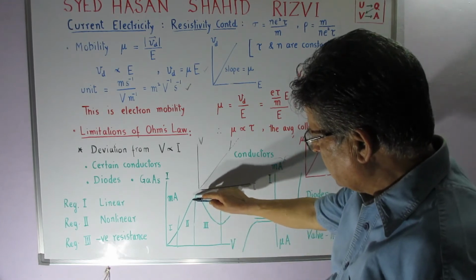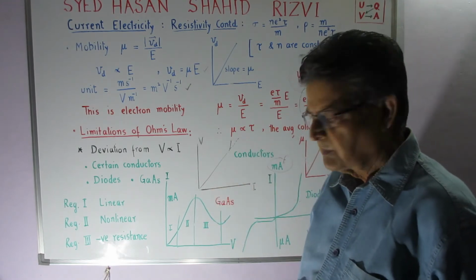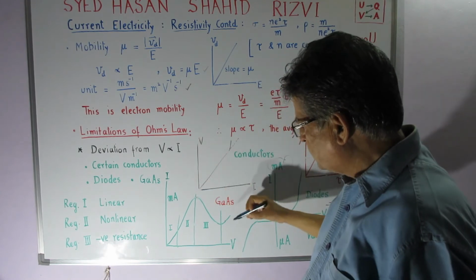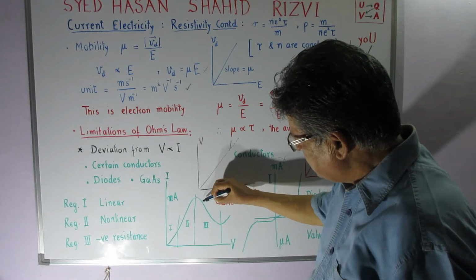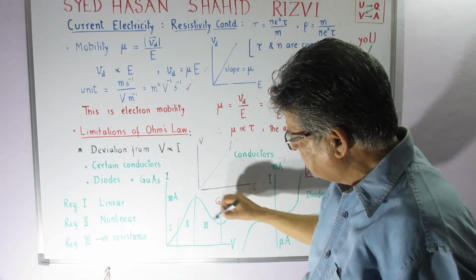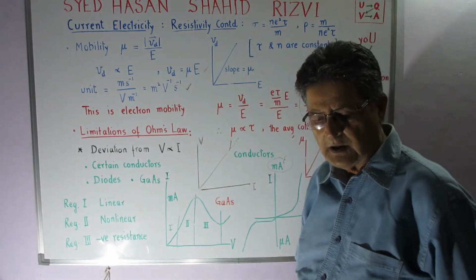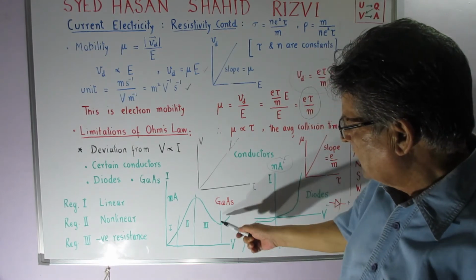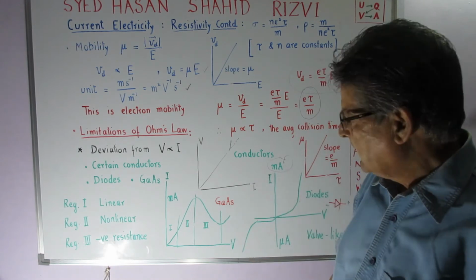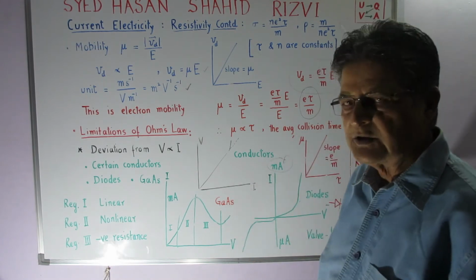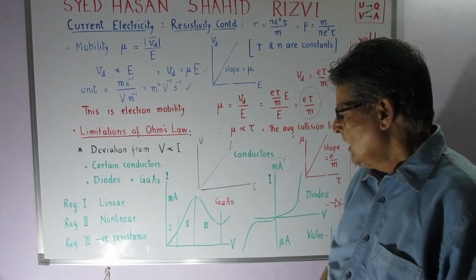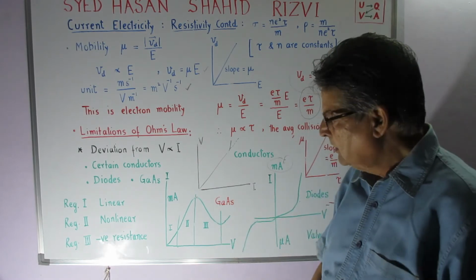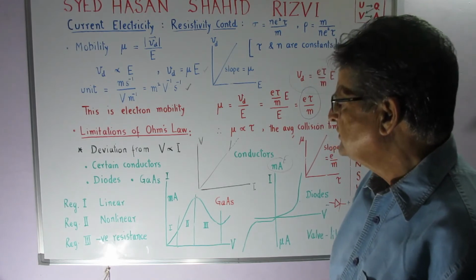Thereafter non-linearity comes into the system, and then it reaches a peak. After that peak, the value of the current keeps on decreasing until a valley point is obtained, and thereafter it again starts increasing. Now this region number 3 is called the negative resistance region.